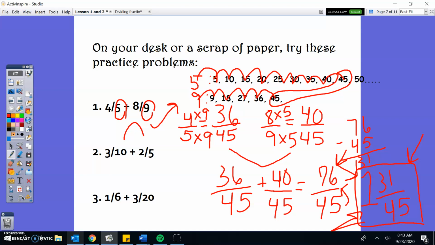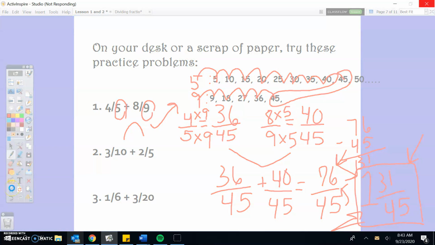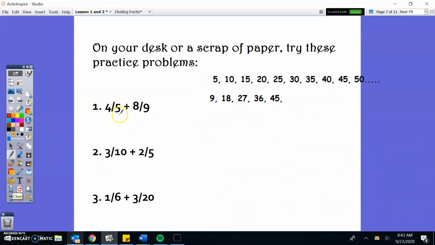Number 2, let's take a look at that next. Number 2 is 3/10 plus 2/5. Now remember, at any time, if I already know the least common denominator and I don't need to list all of them, then I can solve this.